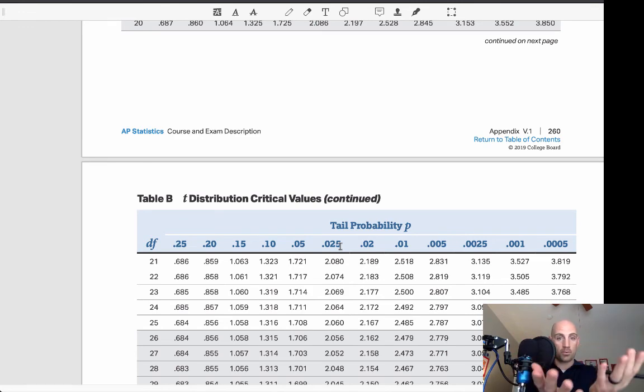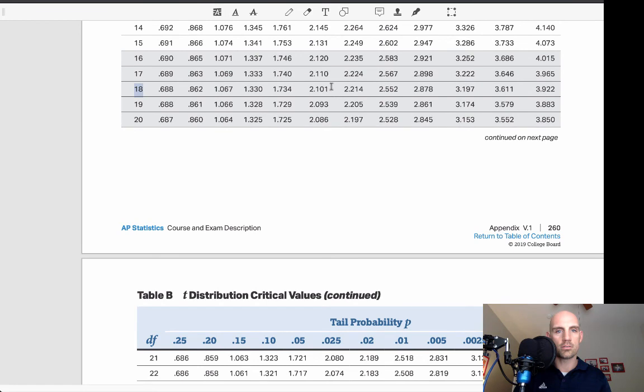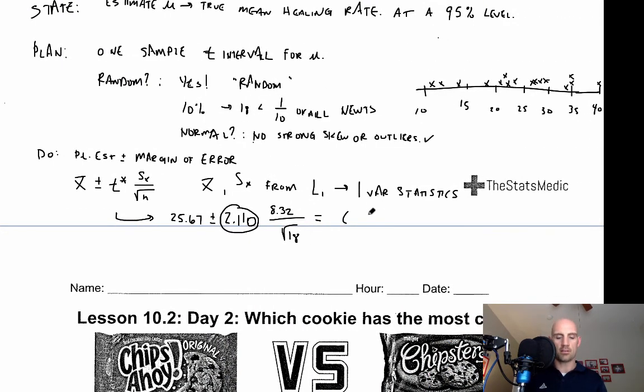So you divide the total percent left over, that 5%, divided in half. And I'm going to go to right here. Here it is. 18 is my degrees of freedom, my tail probability. Okay. And so when I grab that, this should be 101. See there? You can actually find that tail probability. That would be a good step for you to do. Don't fall asleep thinking that I'm doing it so you can just do it right away.